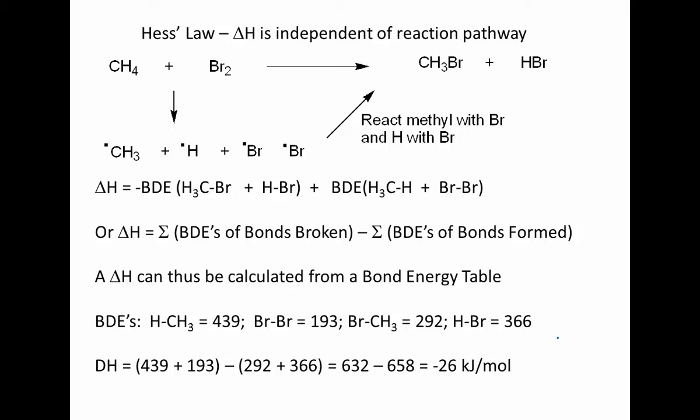We're going to go a little bit further with this bond dissociation energy, and this is Hess's law, that the delta H of the overall reaction is independent of the reaction pathway. Let me just give you an example of that. Let's imagine we have two reactions. Here's reactants. Here's products. In one mechanism, we're going to go like this, and the other mechanism will go like this.